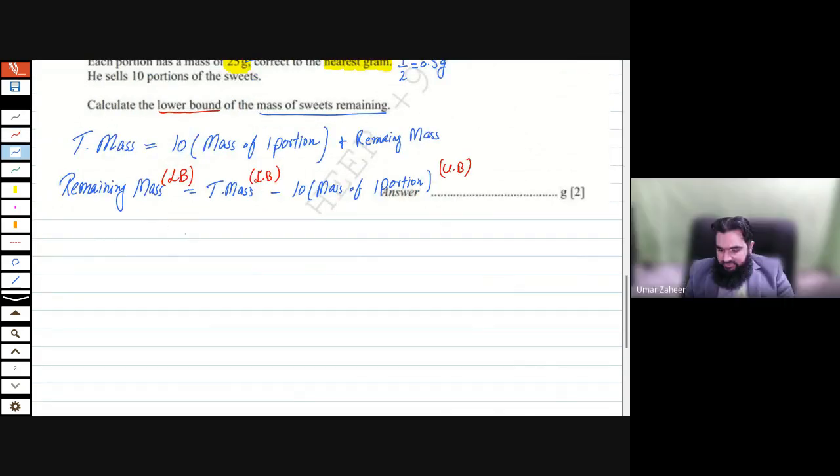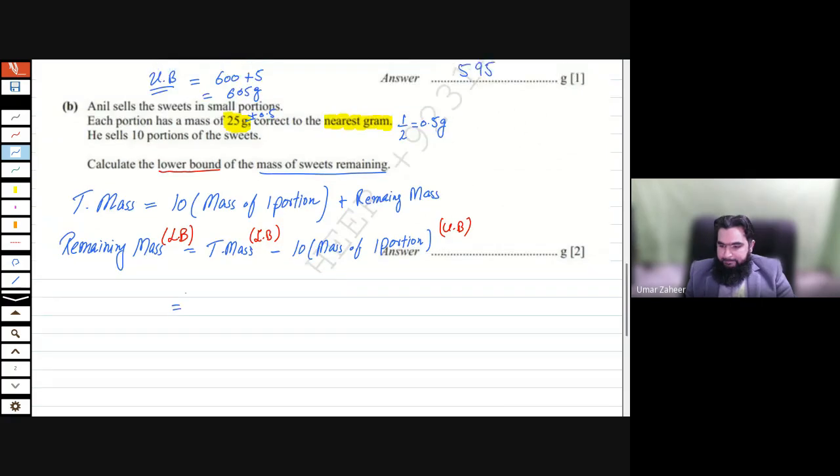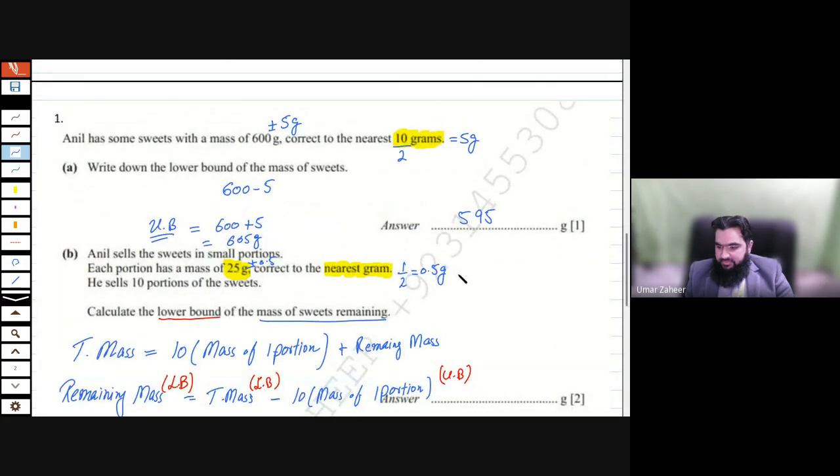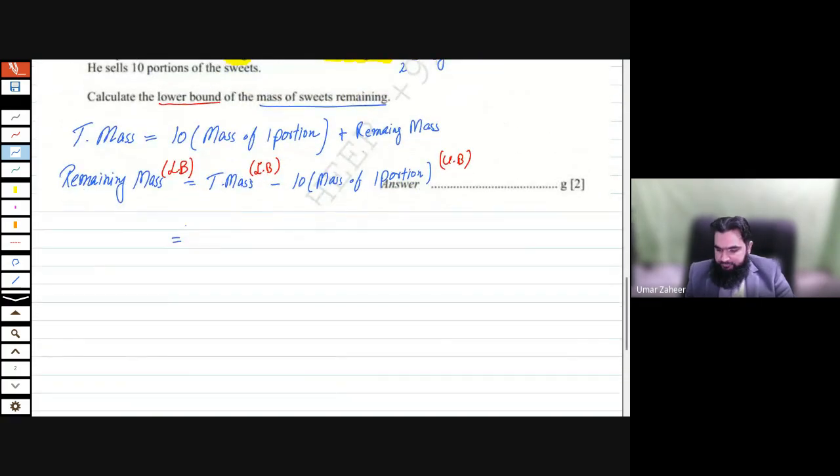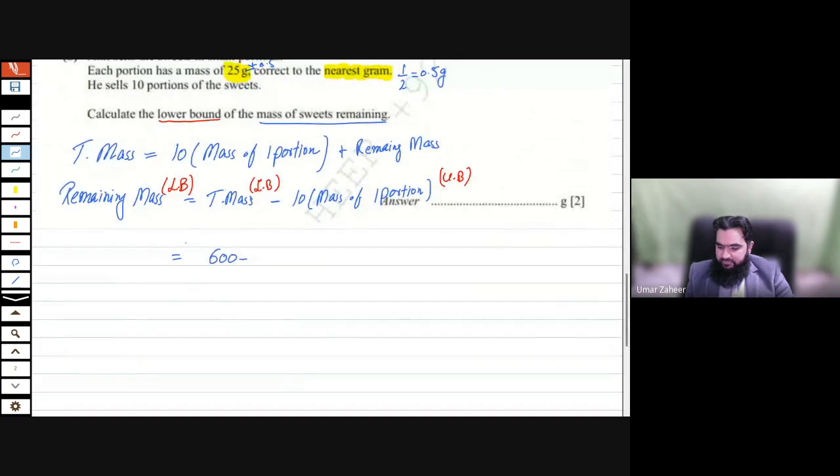Now, the total mass is given. We have 600 grams. Obviously, we need to find the lower bound, so minus 5, bracket close. Minus 10 as it is. We have the mass of one portion, and we need to take the upper bound value.